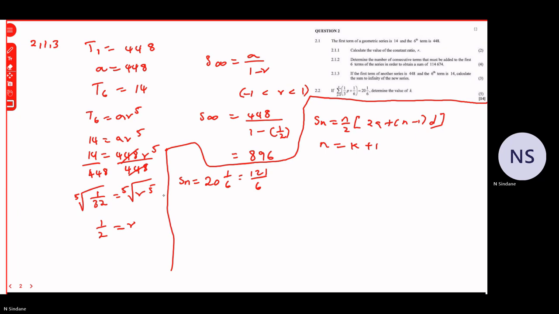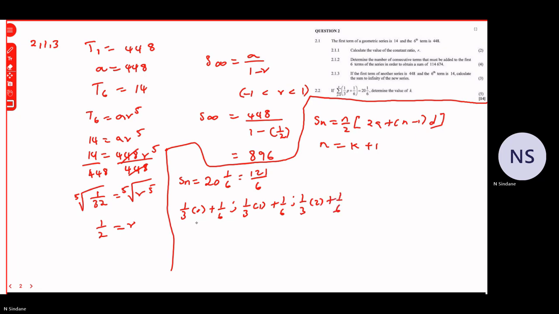So in this case, I can start working with this. I can say 1 over 3 into 0 plus 1 over 6 is T1. T2 is 1 over 3 into 1 plus 1 over 6. And T3 is 1 over 3 into 2 plus 1 over 6.